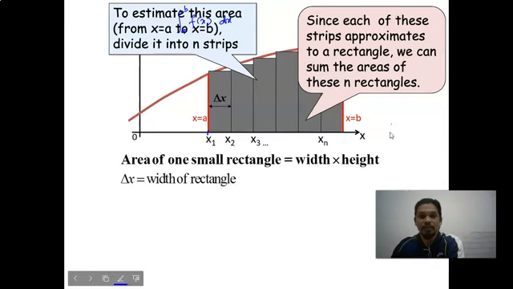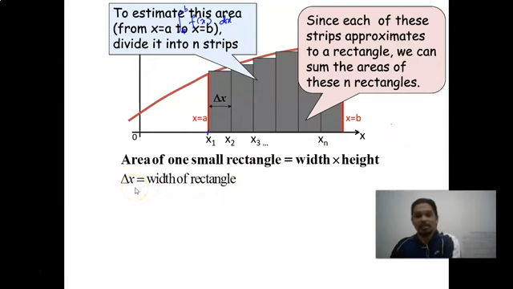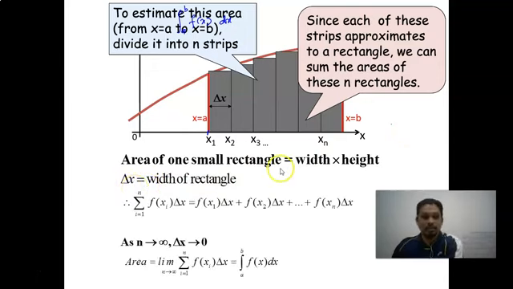The area of one small rectangle is width times height, where the width of the rectangle is delta x. As n approaches infinity, delta x approaches 0. So we come up with the integral of f(x) dx, the value of x from a until b.